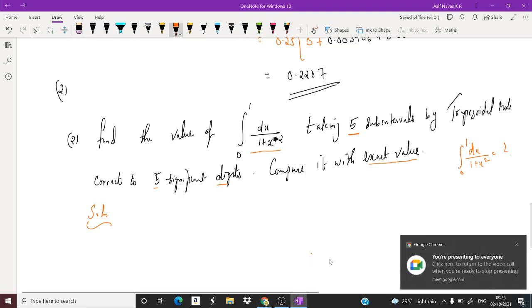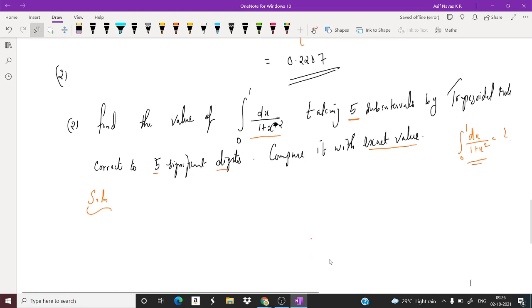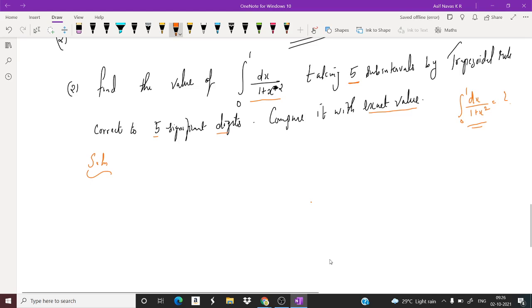So now we have to compare this with the exact value. So first we will find the integral value by using the trapezoidal rule. So given f of x is equal to 1 by 1 plus x square, and also we have to take 5 subintervals.